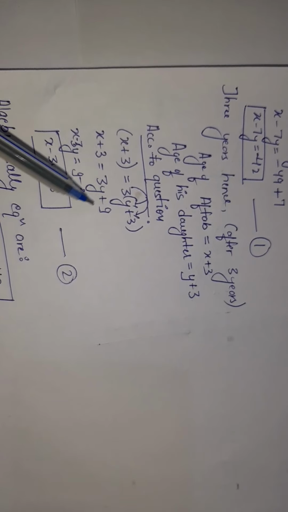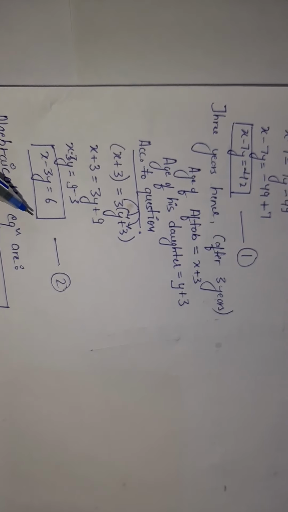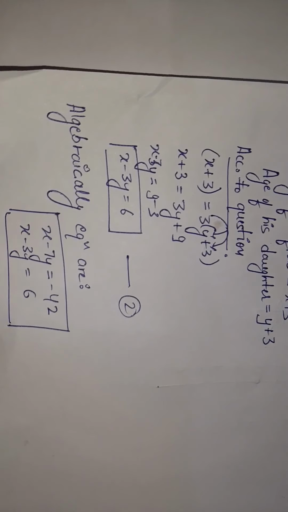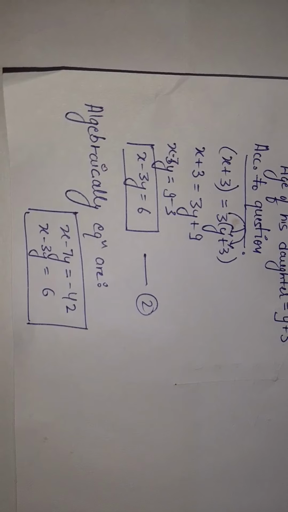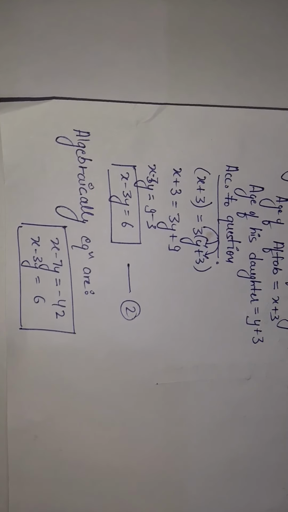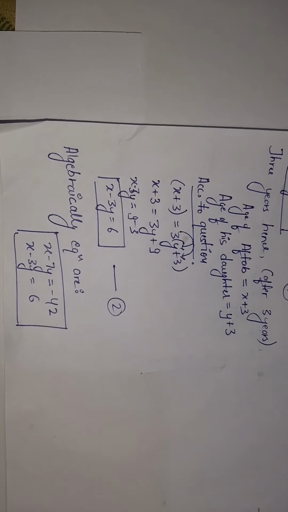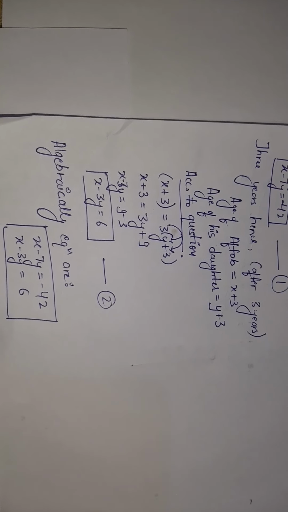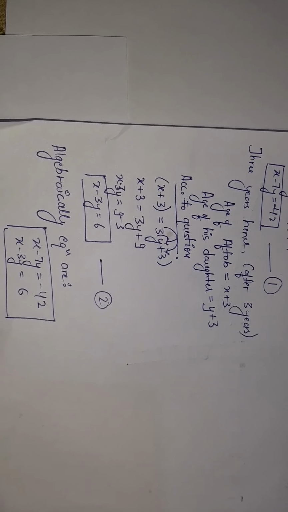We have shifted this 3y to this side and plus 3 to this side. See the equation: x minus 3y is equal to 6. Now, algebraically the equations are x minus 7y is equal to minus 42 and x minus 3y is equal to 6. Got it, everyone?